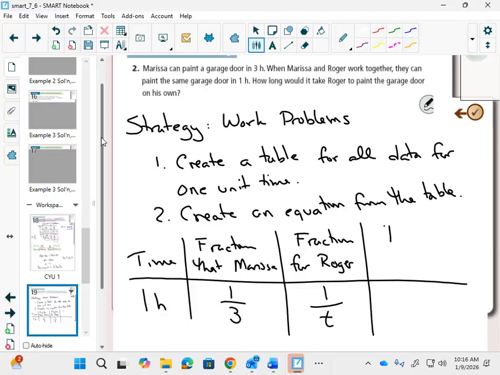And then we have the fraction together. Since they get it done in 1 hour, the fraction together in 1 hour would be 1 out of 1. If sometimes it takes them 2 hours to do it together, then the fraction together would be 1 out of 2.